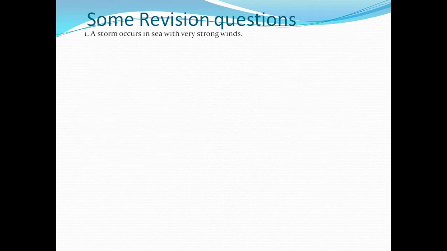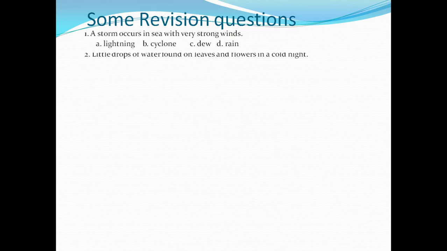First question, a storm occurs in a sea with very strong winds. What is it called? Lightning, cyclone, dew, or rain. Then little drops of water found on leaves and flowers on a cold night. What is it called?